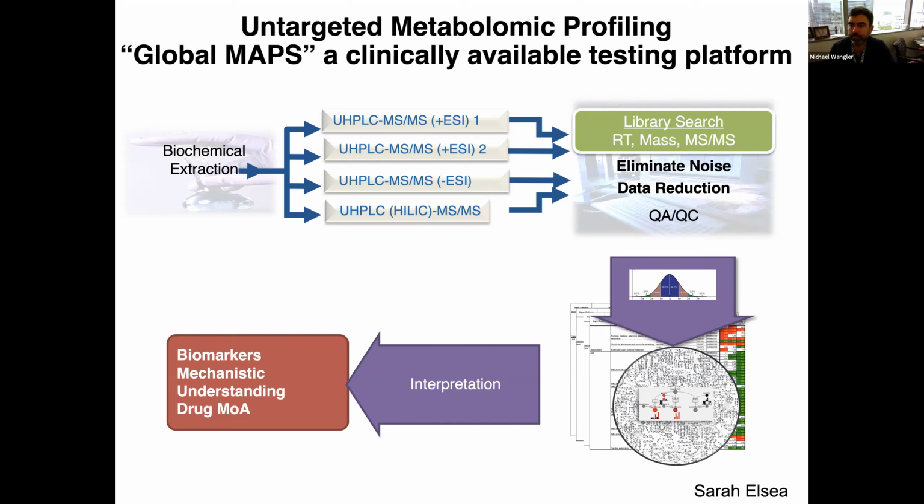Compounds that are detected are filtered through a library search to compare them to known compounds. Then you get essentially a spreadsheet and an interpretation. The hope is that this type of work will help us have biomarkers and mechanistic understanding, and we also hope that drug targets could be identified.